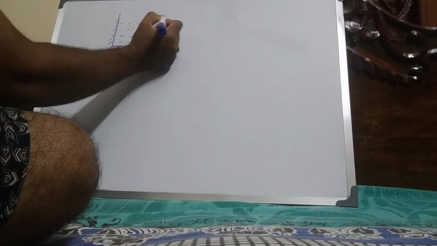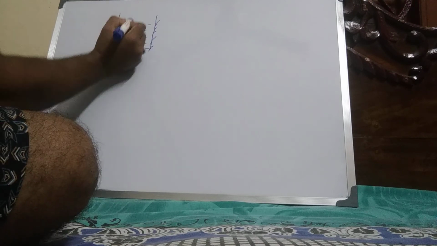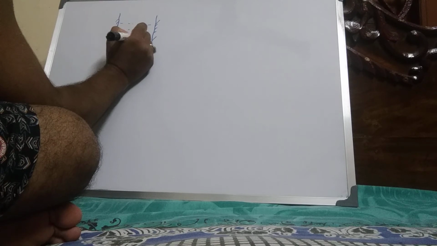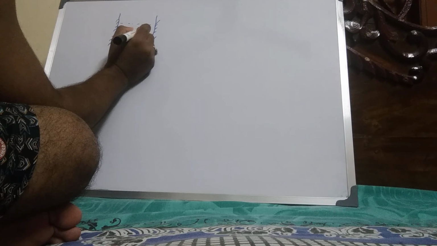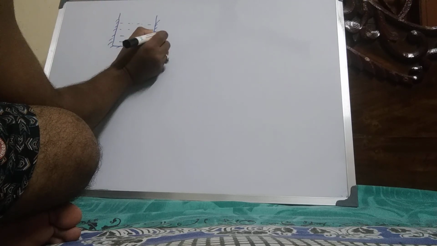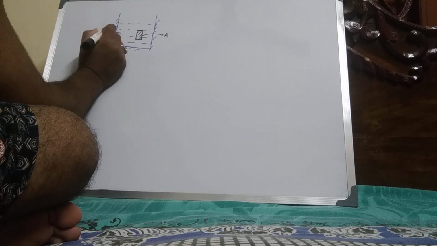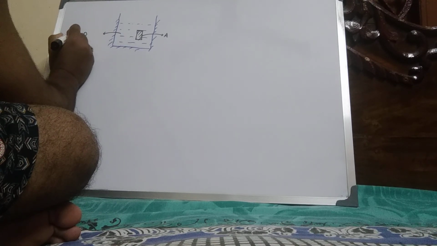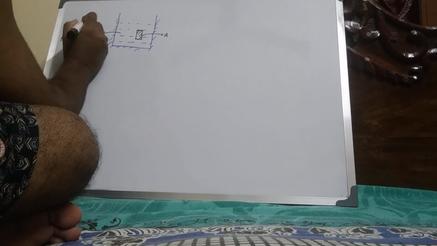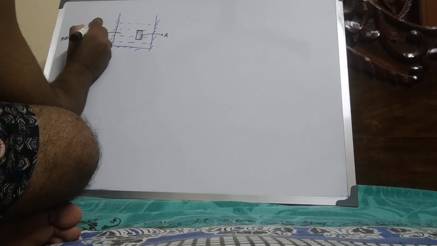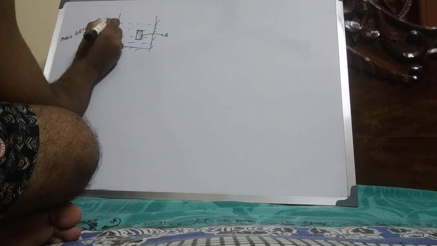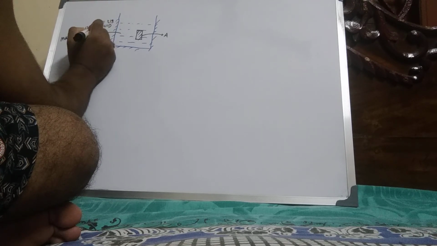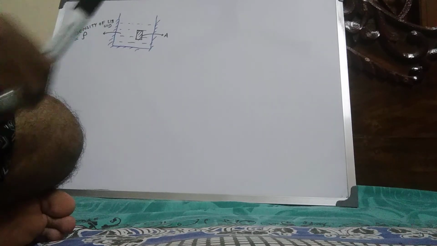This is the free surface, and consider a small element whose cross-sectional area is A, and the mass density of the liquid is rho.